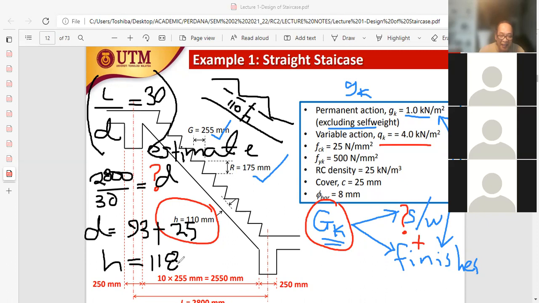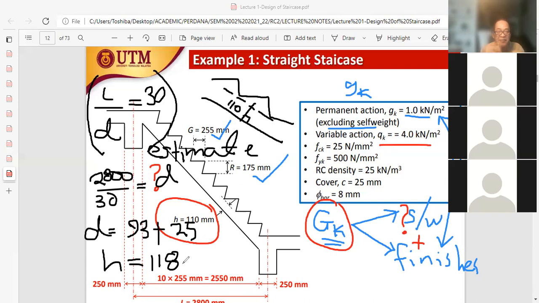Okay. In terms of selecting dimension untuk RC lah, choose in multiples of 25 mm. Contohnya 175, 200, 225, 250, 275, 300 and so on.